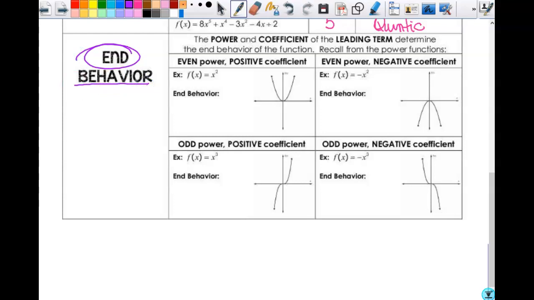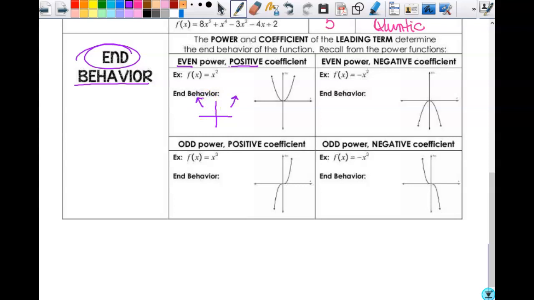So here's what we know. We know that if it is an even power and it's positive coefficient, the end behavior resembles a quadratic. So when you have to write end behavior when we are sketching, and I'll show you when we get there how it's going to look different, I don't want to write out those words. That's not what's going to help me. What's going to help me is to know that the end is up, up.